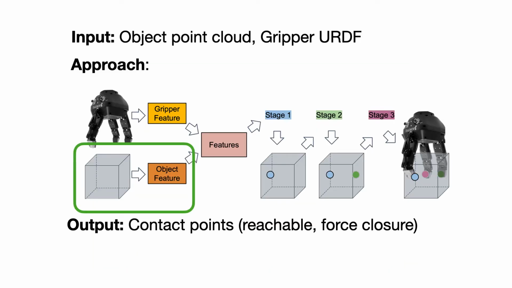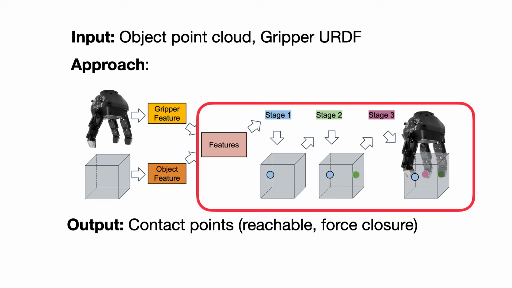In addition to the gripper feature, we extract the object feature using the PointNet++ network and concatenate it with the gripper feature. Then, the concatenated feature is fed into a point set selection network to sequentially output contact points.